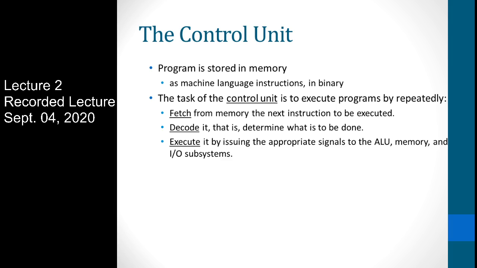Una muna, kukunin niya ang instruction sa memory. Diba? Kukunin niya. Siyempre, para makuha niya, dapat alam niya yung memory address ng cell. Pag alam niya na, pupuntahan niya yung cell, kukunin niya yung data na nandoon. Okay?